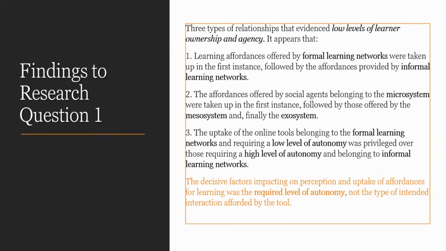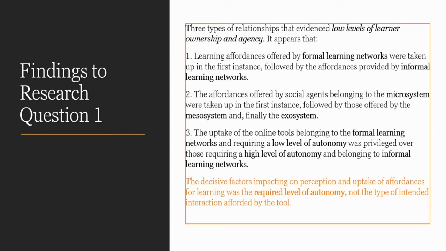And the further finding is that the uptake of the online tools belonging to formal learning networks and requiring a low level of autonomy was privileged over those requiring a high level of autonomy and belonging to informal learning networks. So we've got the formal learning network, something which I presuppose because it was designed to some extent by the institution, and informal learning networks.